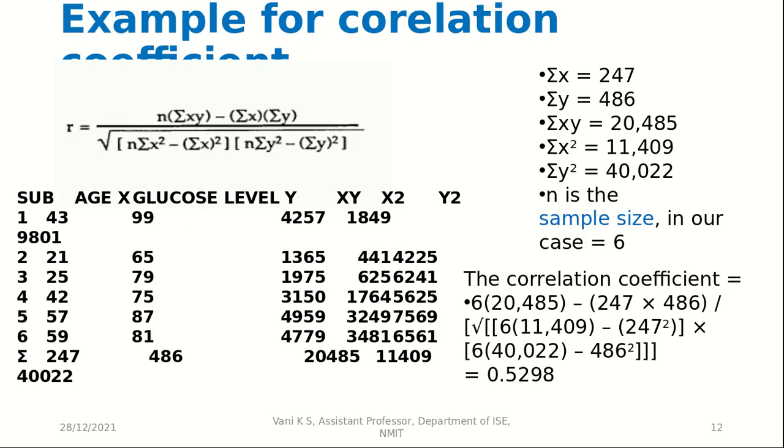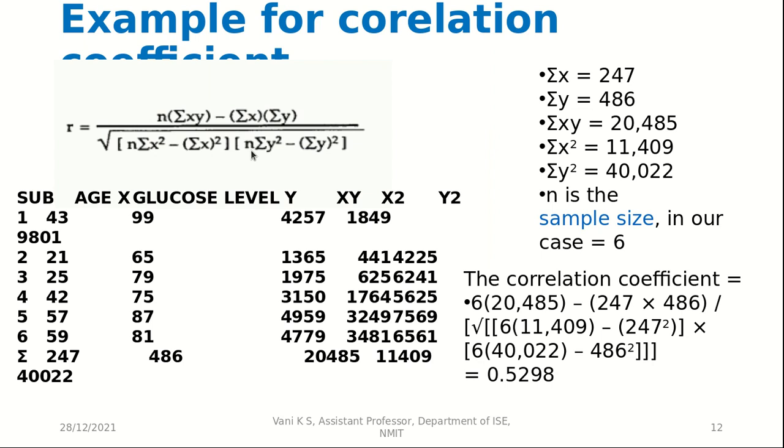Now we saw the formula for calculating correlation. Again I need to specify that this formula is extremely important, so please learn it by heart: n into sigma xy minus sigma x into sigma y, upon the whole under root of n sigma x square minus sigma x whole square, multiplied by n sigma y square minus sigma y whole square.